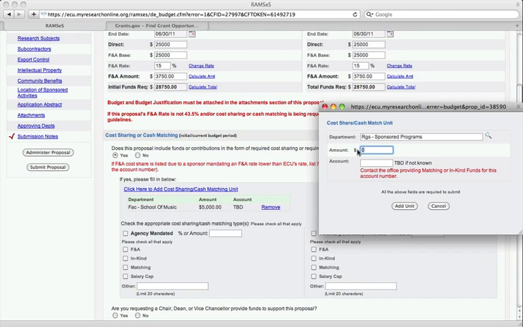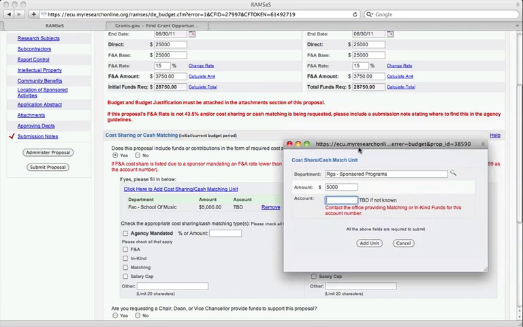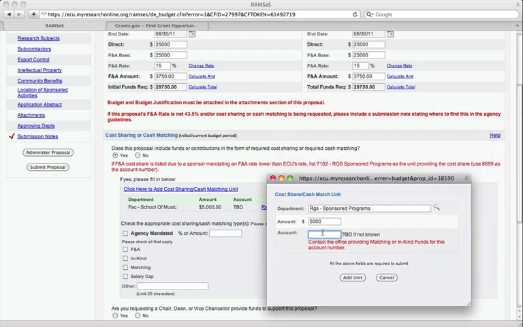And that number would have been the difference between 43.5% of $25,000 and the $3,750, which is actually available. But for the moment, we'll assume that's $5,000. And then there's also a note here suggesting you use 889 in this field.